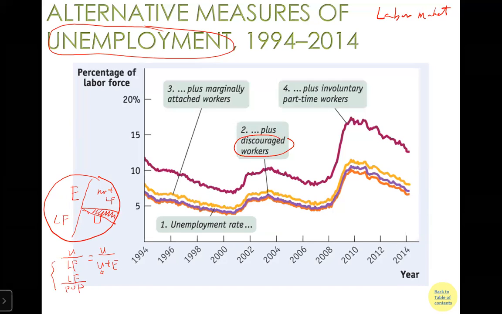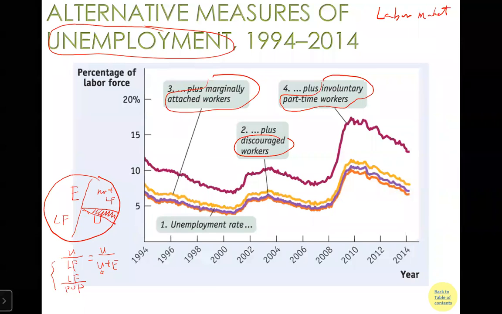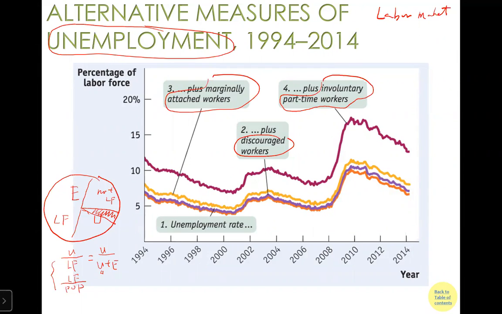Secondly, the unemployment rate doesn't tell us the story of marginally attached workers, who don't have a job and who have tried during the past year, but not recently. And lastly, it doesn't tell us about involuntarily part-time workers, who want a full-time job if possible, but unfortunately could not find one or it's not available.